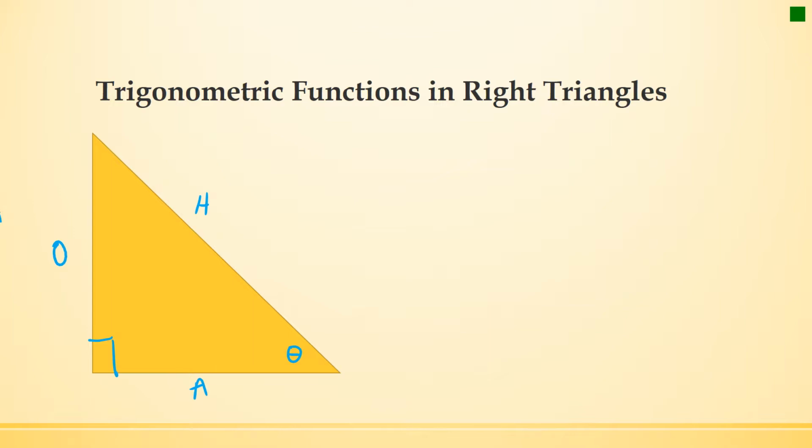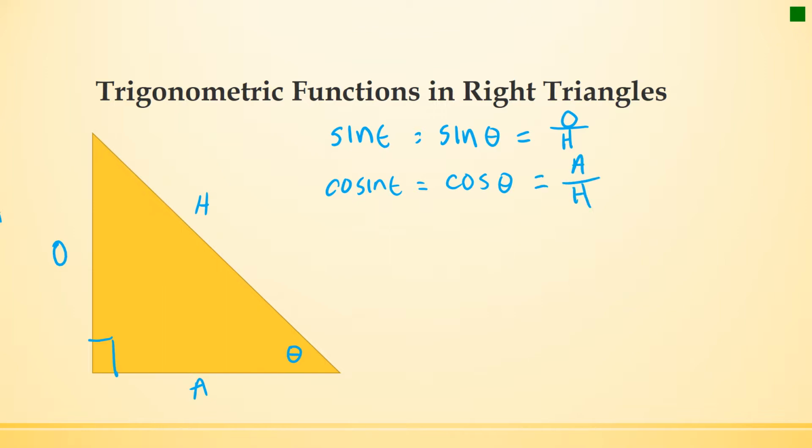So we've got OHA. Now, the sine of theta equals the opposite side over the hypotenuse. And the cosine of theta is equal to the adjacent side over the hypotenuse.